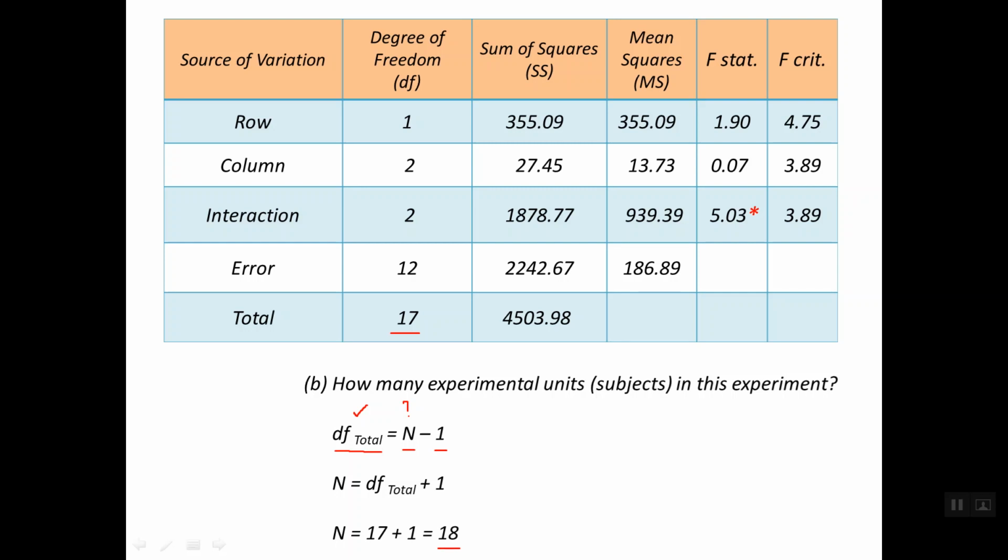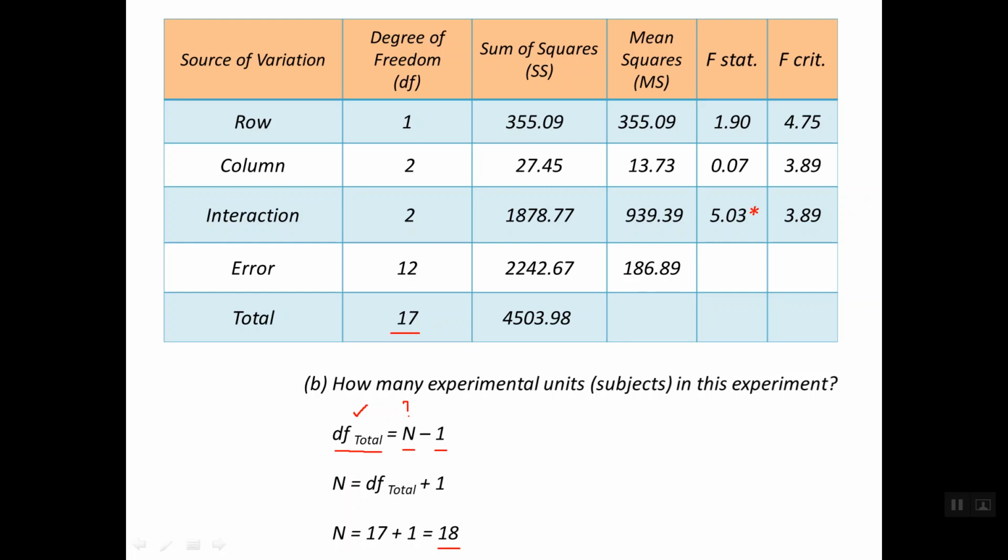Do you think that we have another way or another method to find or to calculate the value of the experimental units? Consider that the design of this ANOVA, or two-way ANOVA, is a balanced design.